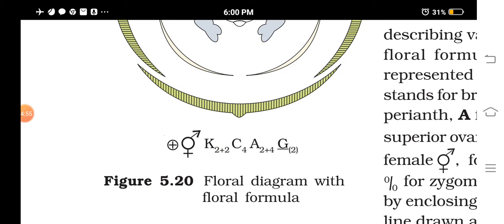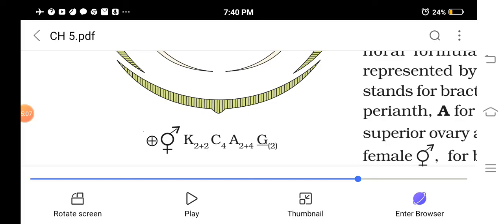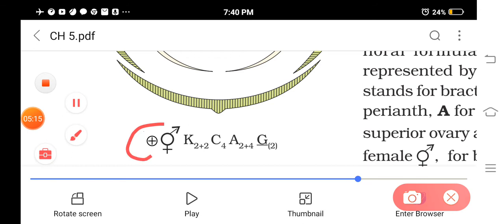So this floral formula that you are seeing now on the screen says that the flower is actinomorphic, which means you can cut the flower into two equal halves through any plane passing through the central axis, and it is a bisexual flower.